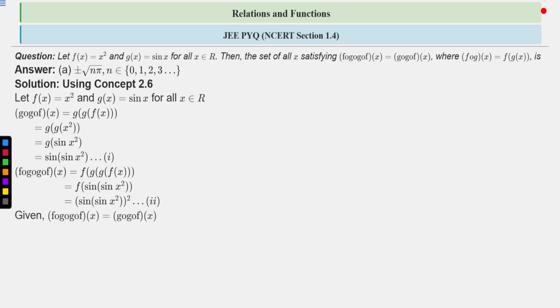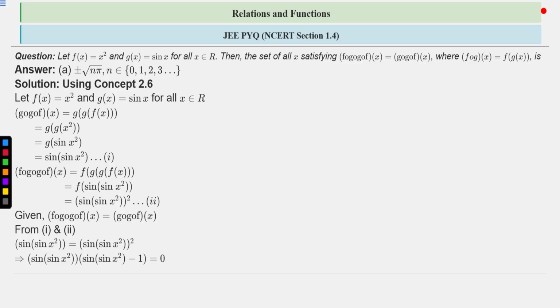Given fog(x) is equal to gof(x). From equations 1 and 2, we can say that sine of sine x square should be equal to sine of sine x square whole square.